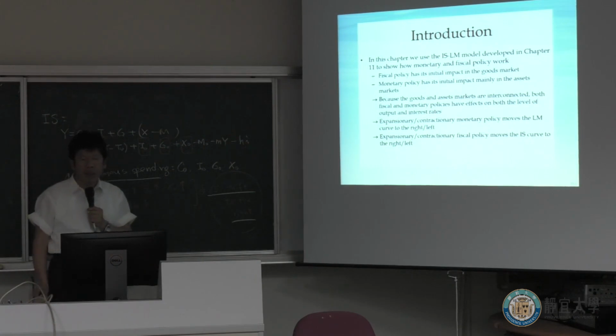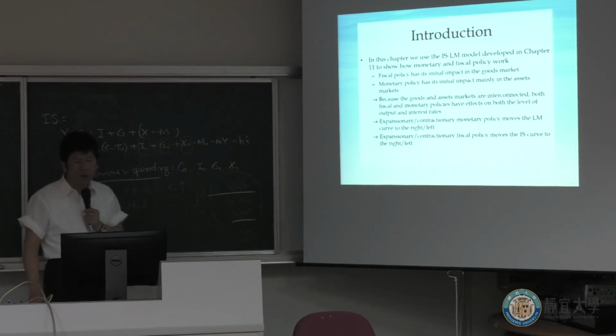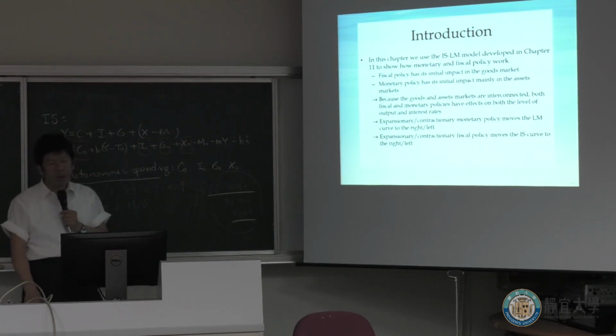So they have an effect on both the level of output and the interest rate. Sometimes we just consider expansionary and contractionary monetary policy, which move the LM curve to the right or to the left.